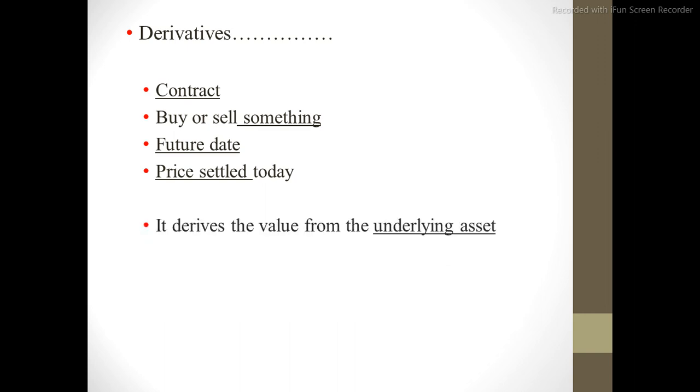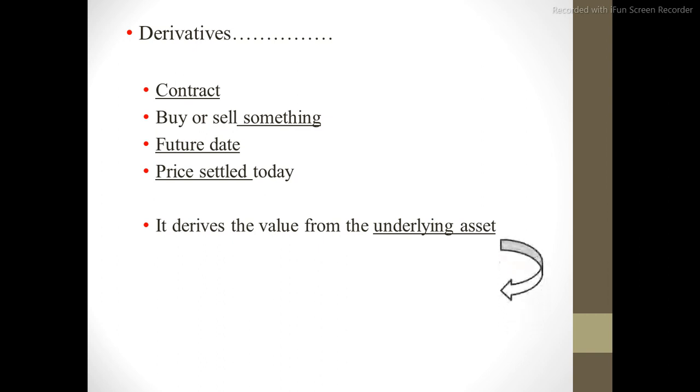Now, as the term reflects, a derivatives contract derives its value from the underlying assets. Underlying assets is the second important point which we have discussed, that the contract must be for the sale and purchase of something.